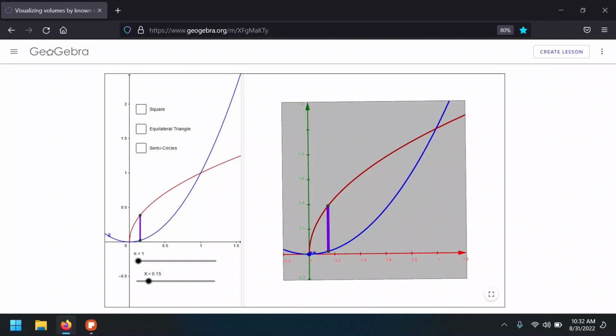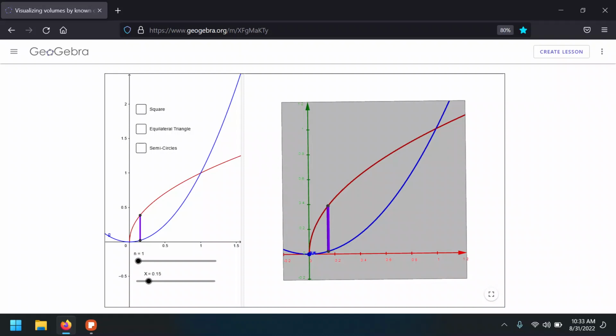When we rotate that, the way we derived the formula to find the volume was not by finding the area of a rectangle, but rather that rectangle, when rotated, gave rise to a mini cylinder, or a disc. So that's why we call it the disc method.